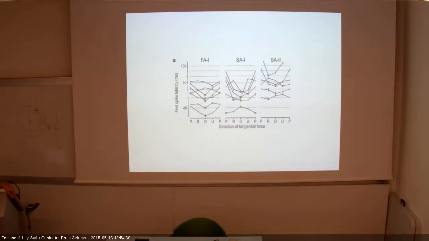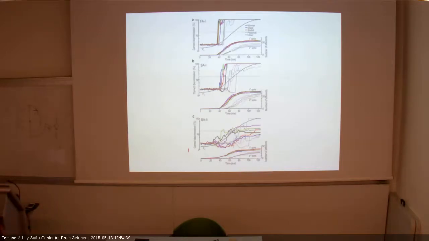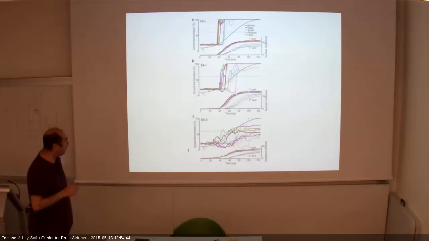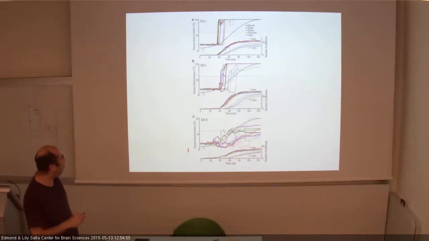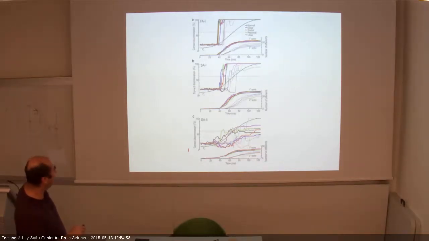You see this for the slowly adaptive 1 and slowly adaptive 2 fibers, and they took all this data and put it into a classification algorithm, which was trying to predict, based on the data you get from this recording, what direction you were moving to.